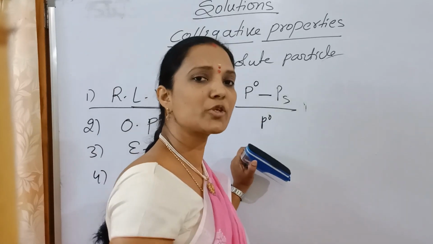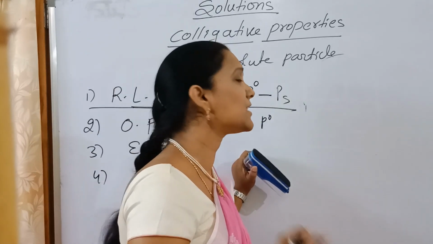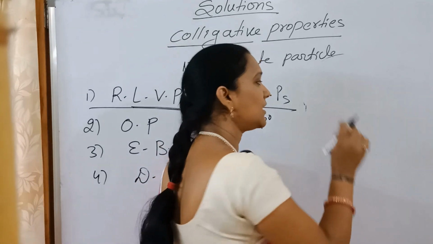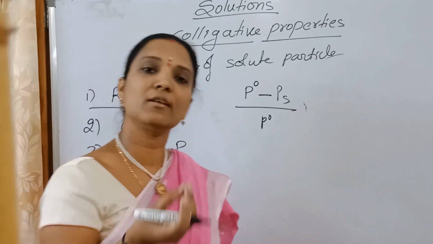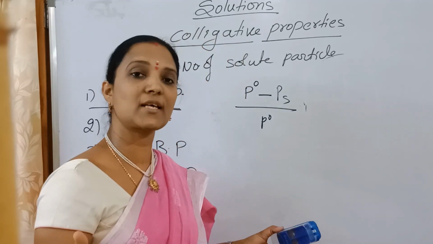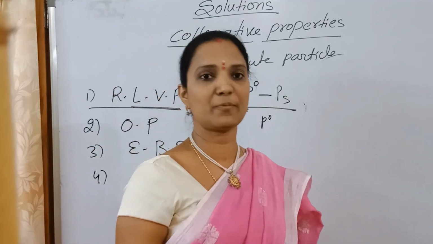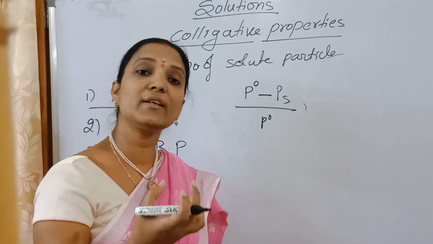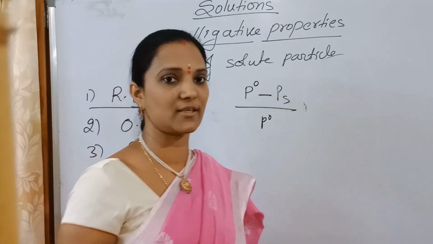Is it directly proportional to the number of solute particles or inversely proportional? What happened here? If a little amount of solute is added, there is less lowering of vapor pressure. If more solute particles are added, there is more lowering of vapor pressure. So as the number of solute particles increases, the lowering of vapor pressure also increases. Yes or no?